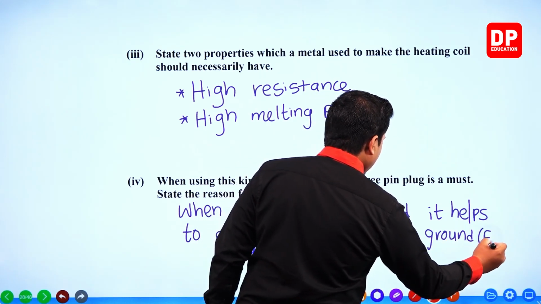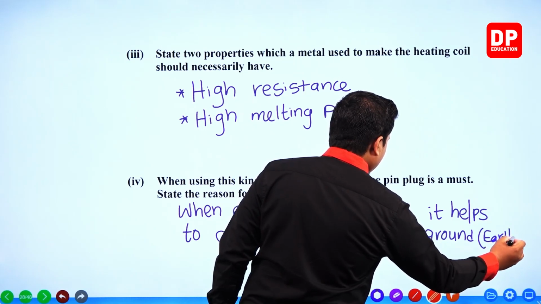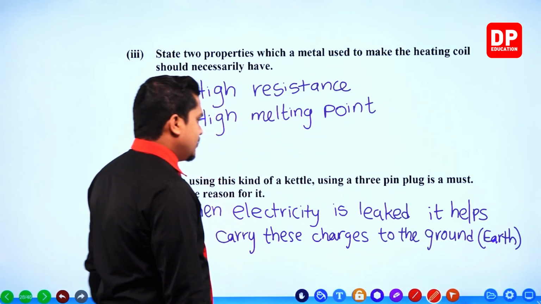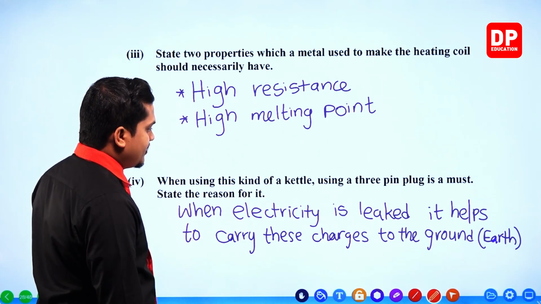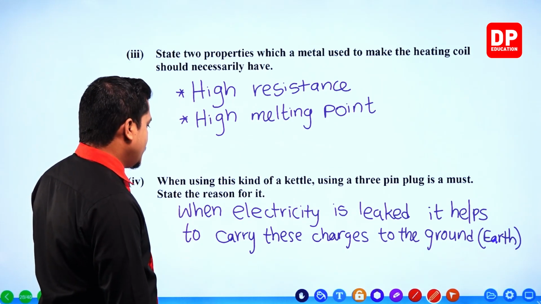That means earth, right? So when electricity is leaked, it helps to carry these charges to the ground or else to the earth.